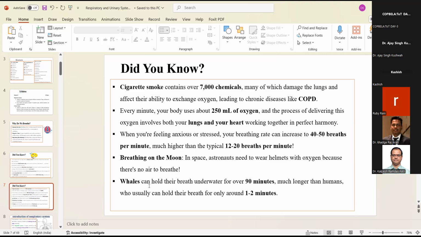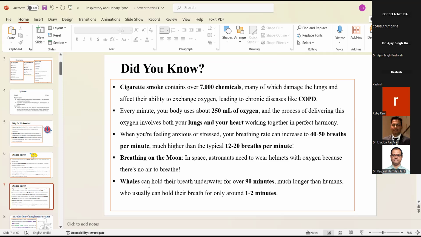Next, whenever we are in a stressed or anxious condition, the breathing rate can increase to 40 to 50 breaths per minute, which is higher than the normal 12 to 20 breaths per minute. The next fun fact is breathing on the moon.